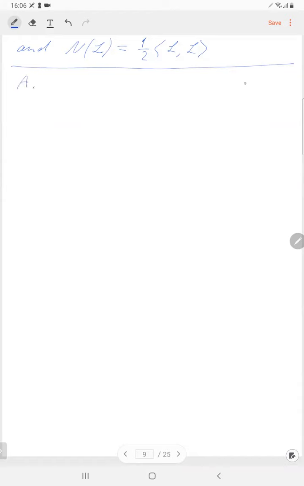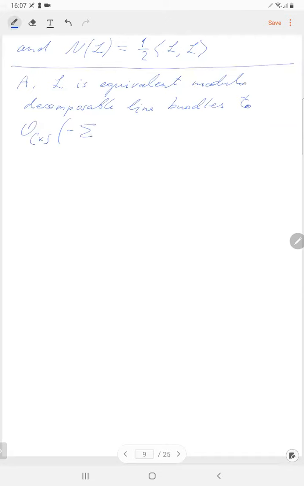So let's start. And the first part is that our L is equivalent, modulo decomposable line bundles, to the line bundle associated to a divisor that is the sum of smooth divisors.